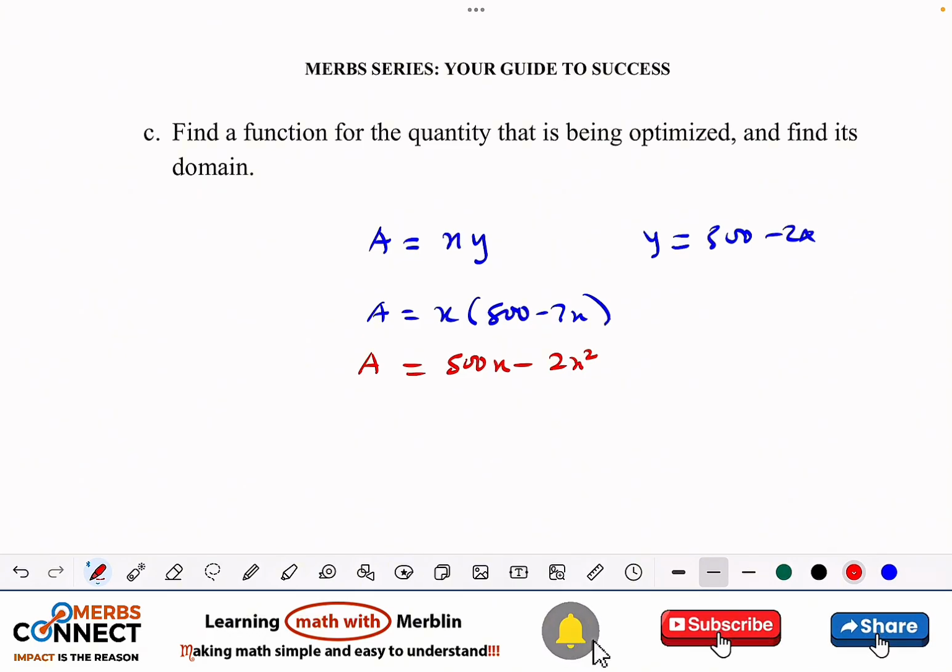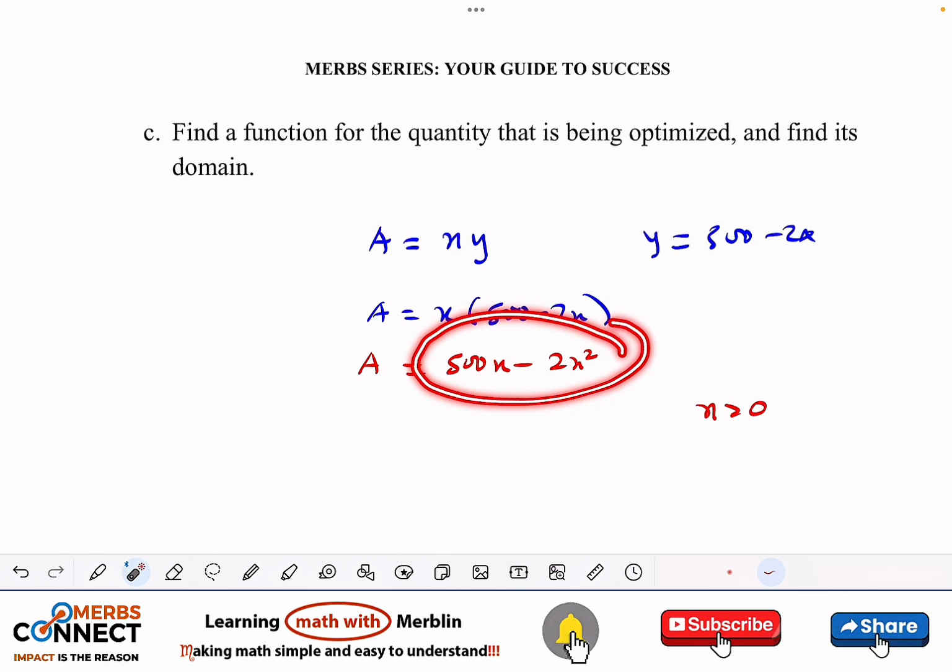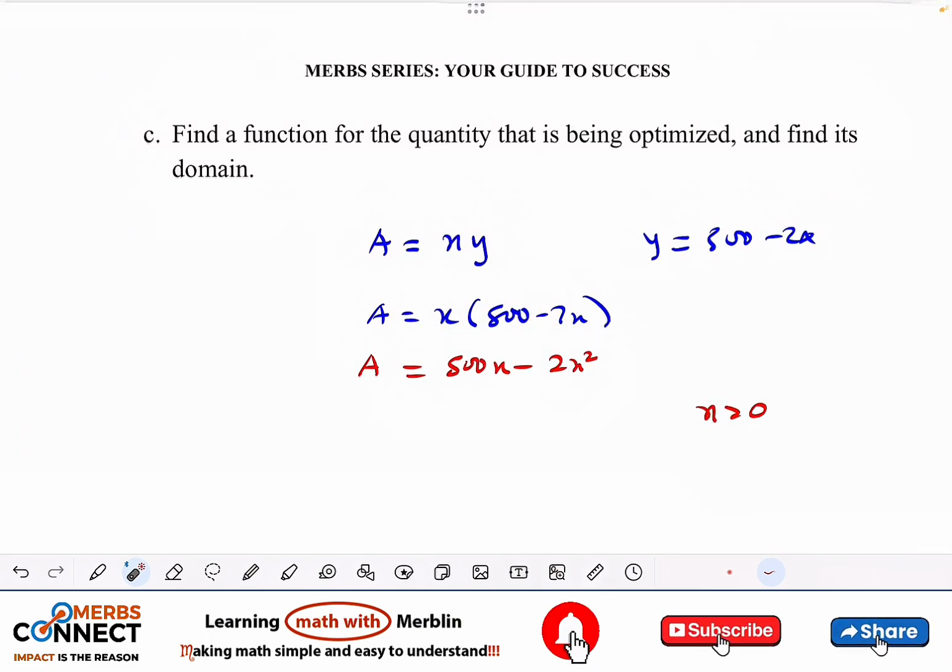Now we want to find the domain. For us to find the domain, first we are going to assume that x is greater than 0, right? So if x is greater than 0, then what can we do here? Since we are looking at the domain, we are going to make sure that this is greater than 0.